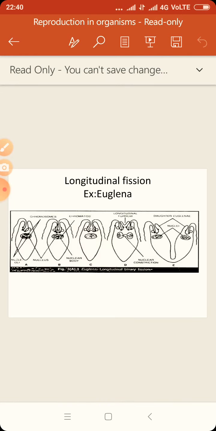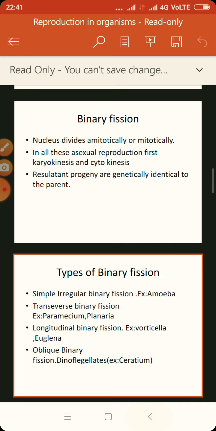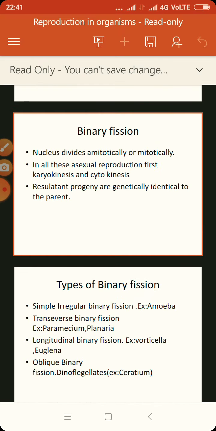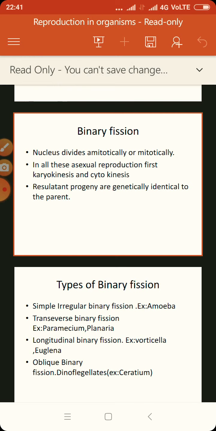Okay. So now, here in binary fission, when we talk about binary, it means two. A single parent will be divided into two organisms.